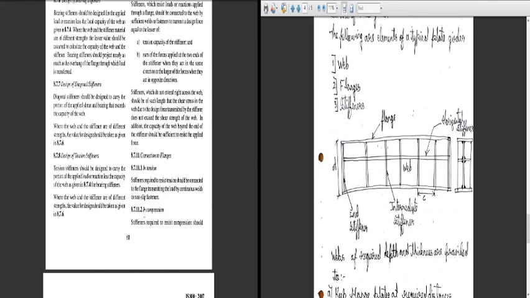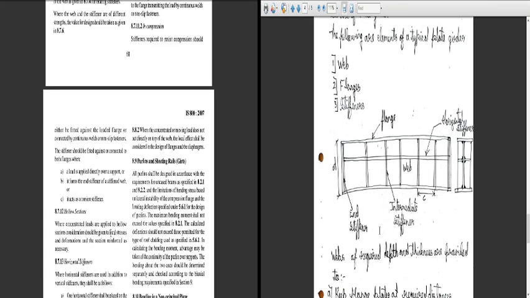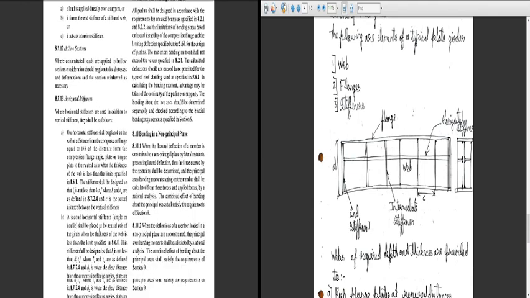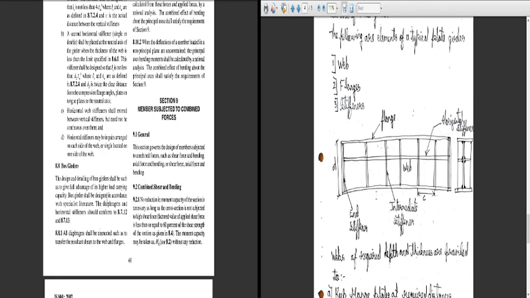They also give the connection to the flanges in tension and compression, hollow sections, and horizontal stiffener. So we have to design the plate girder accordingly.